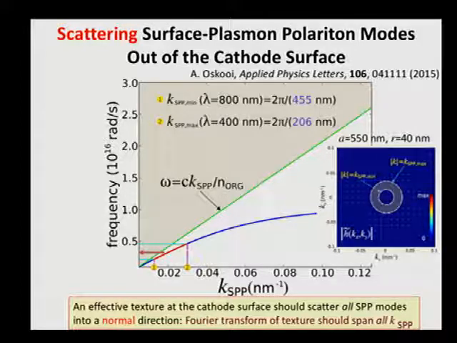The annular ring shows where the Surface-Plasmon modes of the OLEDs lie, and the faint peaks, it's hard to see, correspond to the actual Fourier transform of a cathode texture corresponding to a lattice periodicity of 550 nanometers and a hemisphere radius of 40 nanometers. As long as there are spectral peaks in the cathode that correspond to those Surface-Plasmon modes, they can be used to scatter out the Surface-Plasmon modes and to recover the power that's lost due to the aluminum absorption.